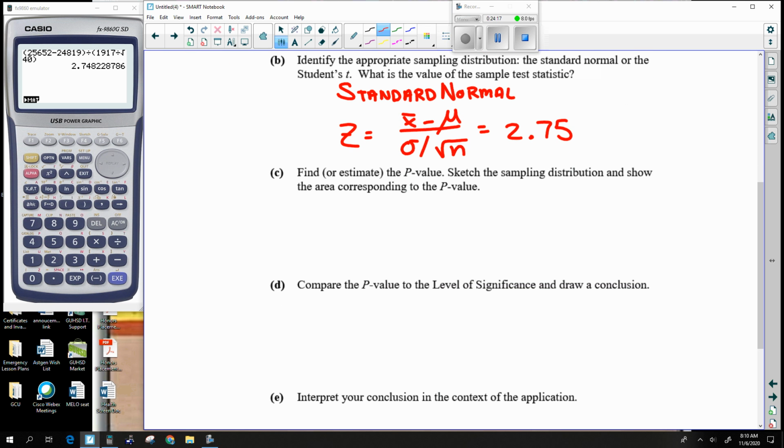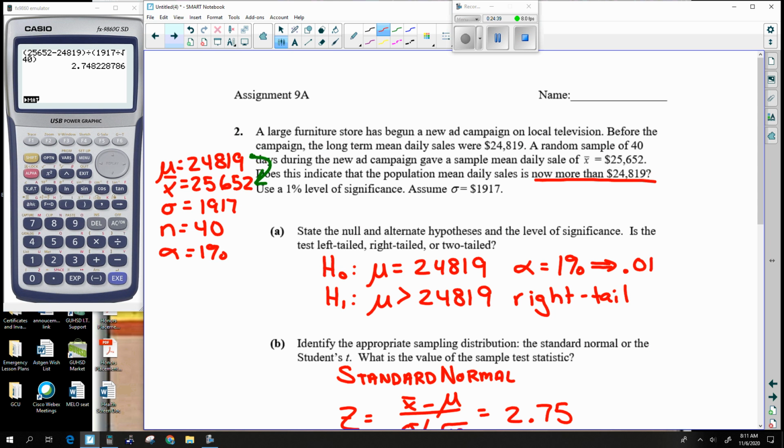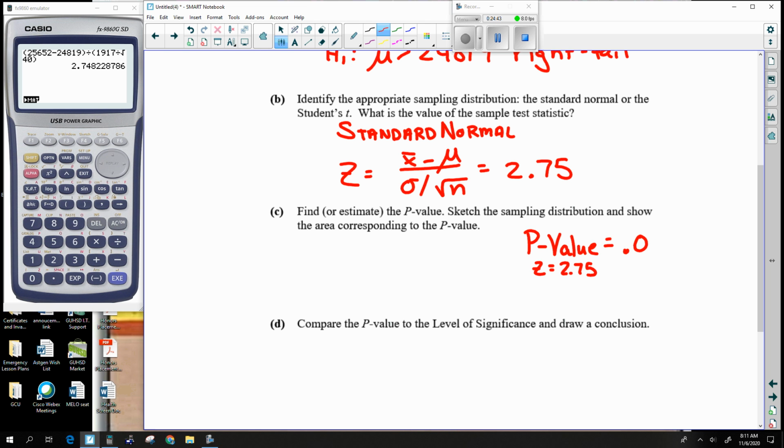From here, we create our p-value. Our p-value is directly related to the z of 2.75. Always look that up as a negative, so I look up negative 2.75, which gives 0.003.